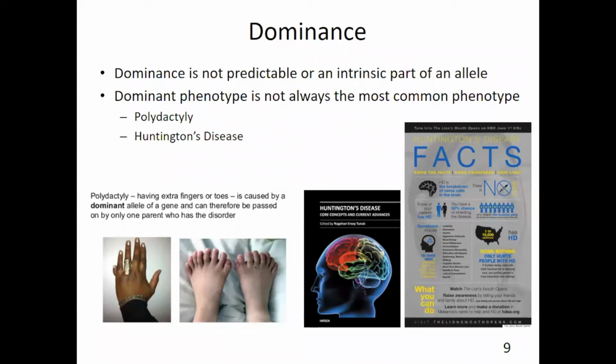So both of these are examples in which the dominant allele produces a very specific phenotype, but that phenotype is not the predominant phenotype observed in the population. Most of us do not have extra fingers or extra toes, and most of us will not develop Huntington's disease.